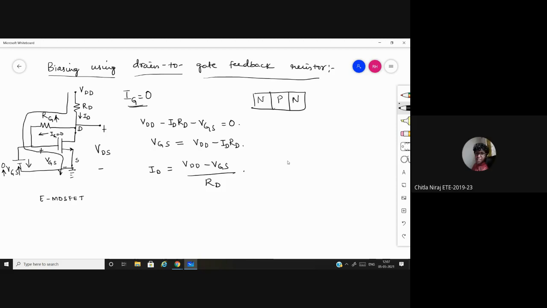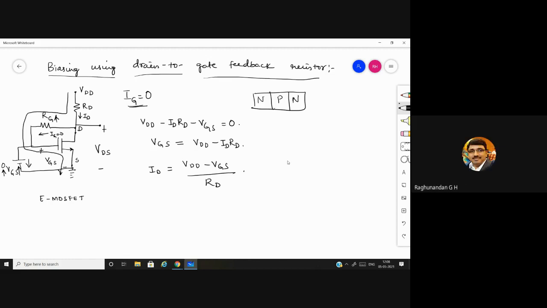Up to the threshold value, the channel is formed by electrons; until the channel is formed, ID will be 0. Once the channel is formed, ID will start to flow. So if you are increasing the gate to source voltage, will drain current increase or decrease? Increase, sir. All of you understood?